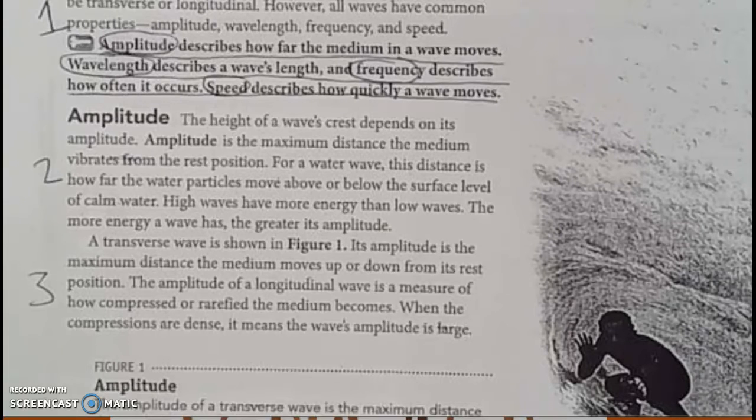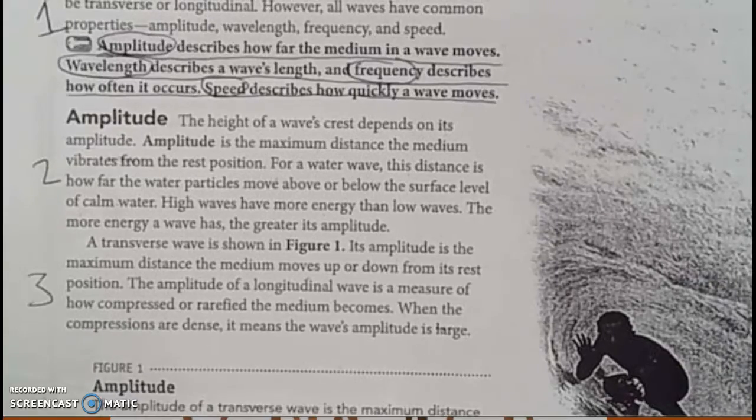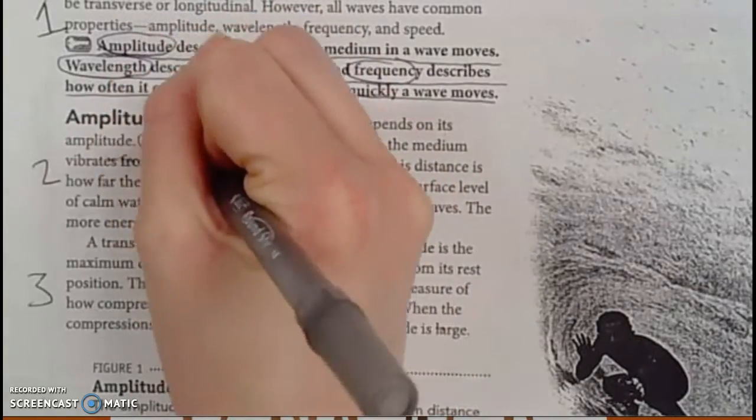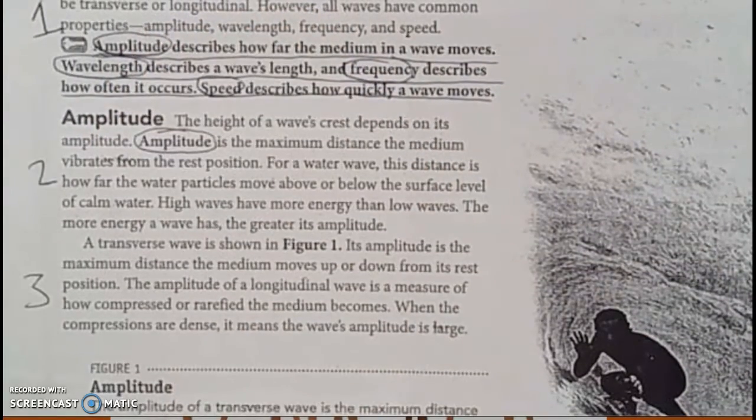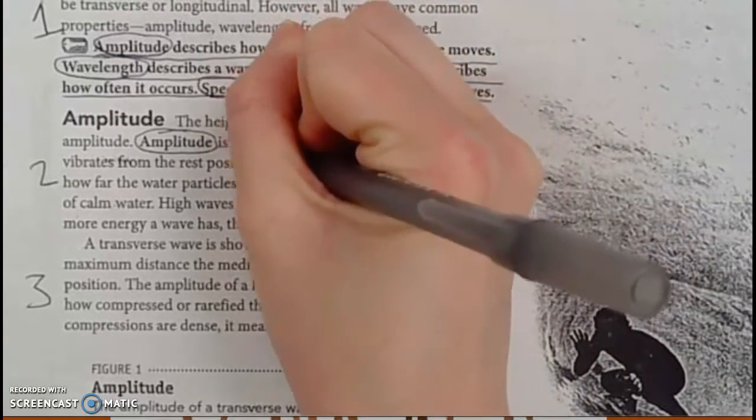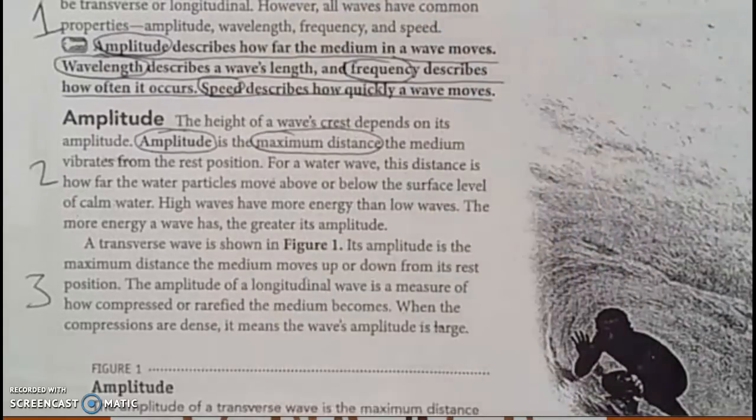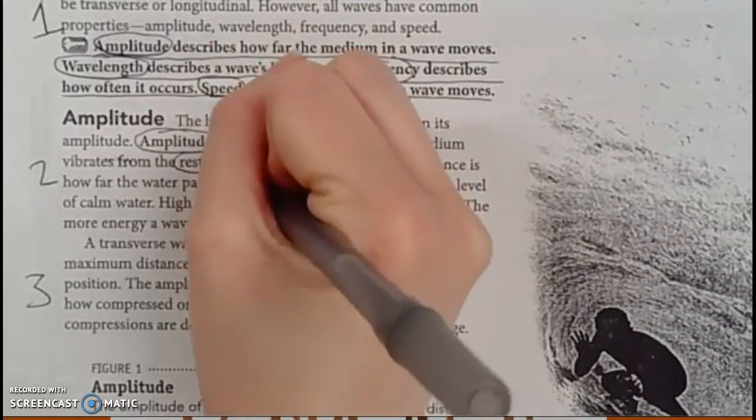Alright, scientists, now that we're back, you are going to check to see if you have the correct thing circled and underlined. So we know this paragraph is about amplitude because that is the title, so that is one of our important words. Now we do have to describe what amplitude is, and this is also from our vocab. So we know that amplitude is the maximum distance from rest position.